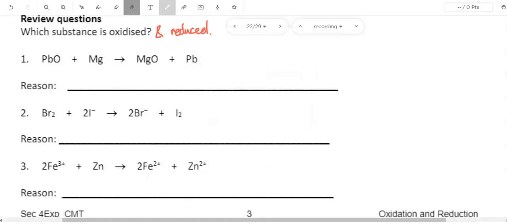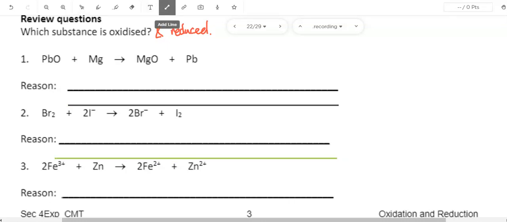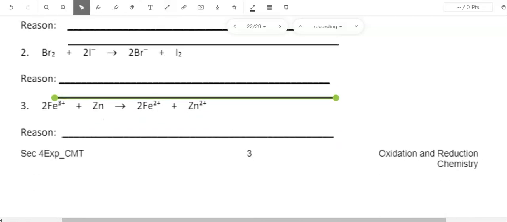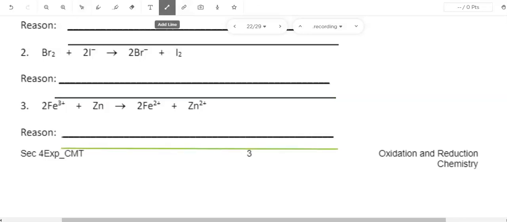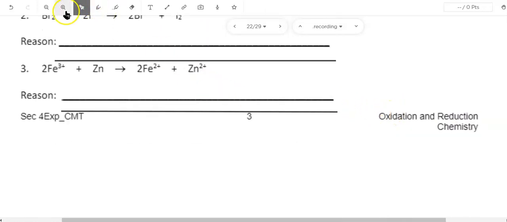So you can draw a line to make sure that you are fully able to explain both the redox, the reduction and the oxidation. So one more over here. Just make sure you can complete this as a practice to see whether you're able to do it or not. Okay, so that's all for this segment.